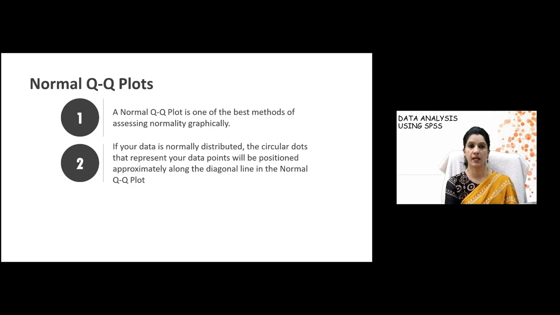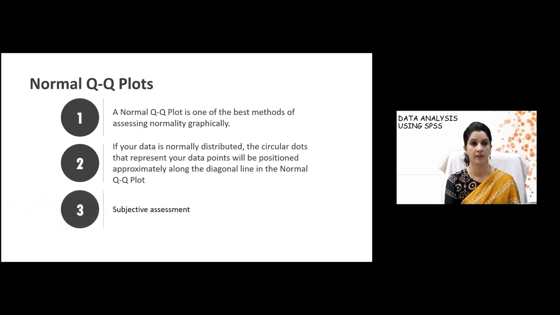If the data is normally distributed, the circular dots will appear along the diagonal line. And if the data is not normally distributed, they will be scattered. We'll see this in every session, because from now onwards, for every parametric test, we have to apply this QQ plot.